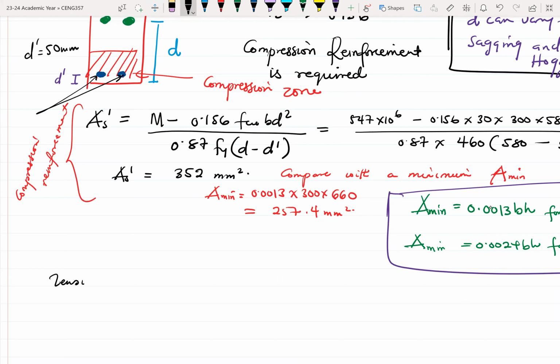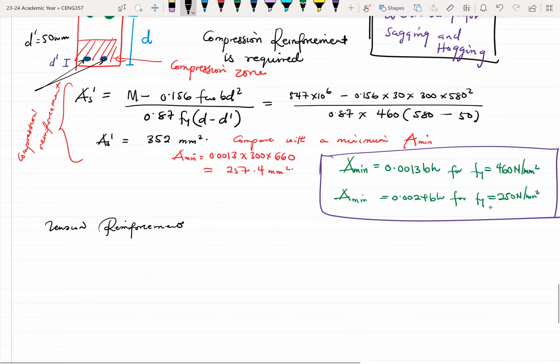Okay. So now let's find the AS. So here AS will be equal to, so the equation will change because there was a compression reinforcement. So AS will be 0. Let me just be a little bit lazy and copy the information from here.